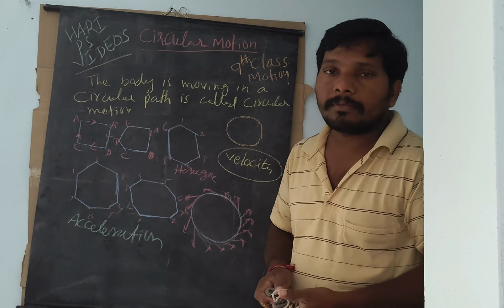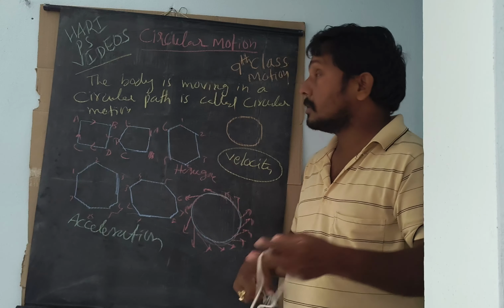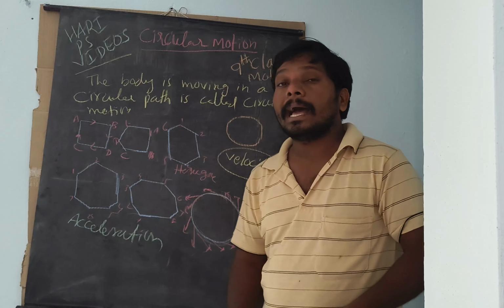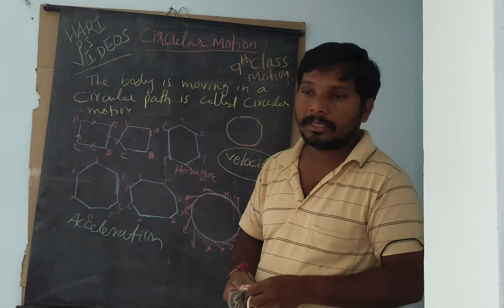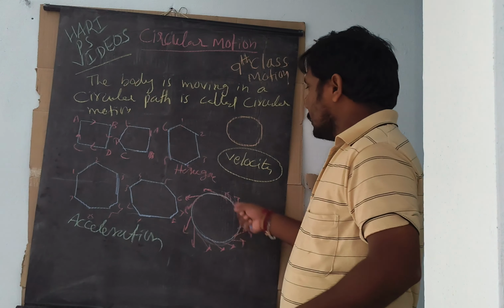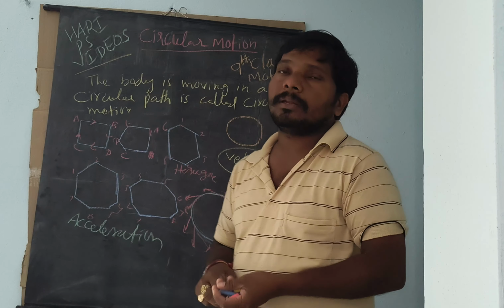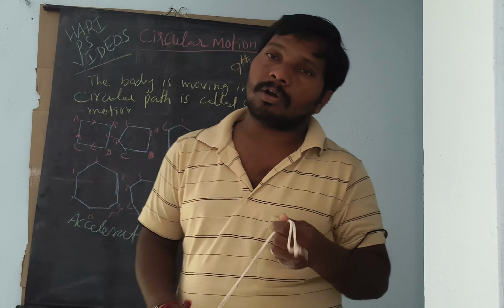The motion of the body in a circular path is accelerated. But the speed of the body in a circular motion is constant.